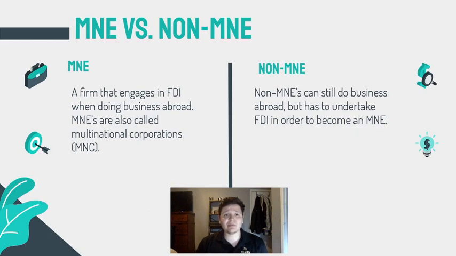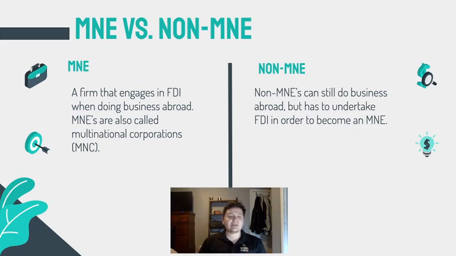But for the sake of uniformity and understanding, we're going to refer to these as MNEs, or multinational enterprises. So what is an MNE? An MNE is a firm that engages in FDI when doing business abroad, right? To contrast that, a non-MNE is a firm that can still do business abroad, but they're not undertaking foreign direct investment, and thus they wouldn't classify as an MNE.